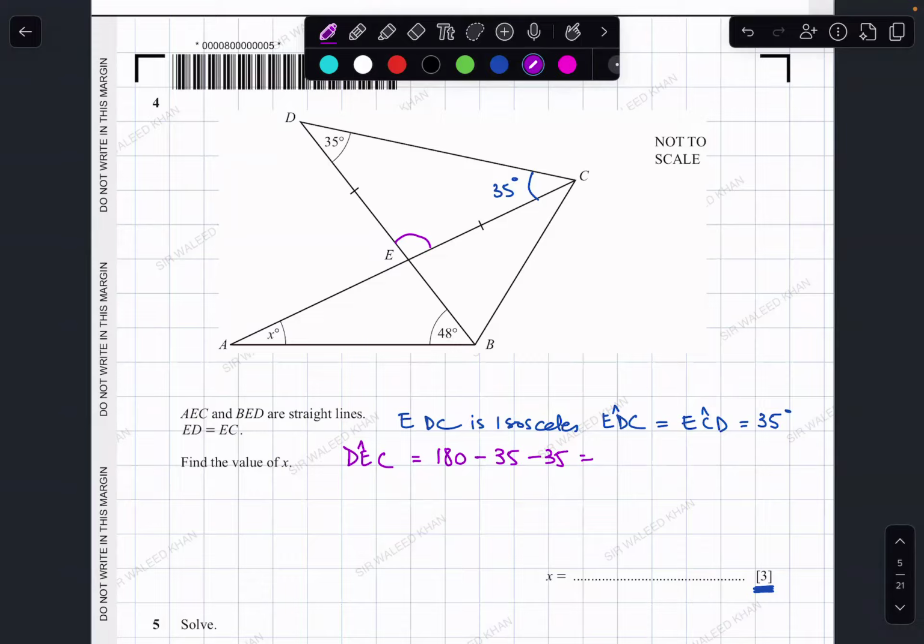So 180 minus 70, that is 110. If this is 110, then this is also 110. Why? Because they are vertically opposite angles, right? So DEC is the same as AEB, because they are vertically opposite angles.